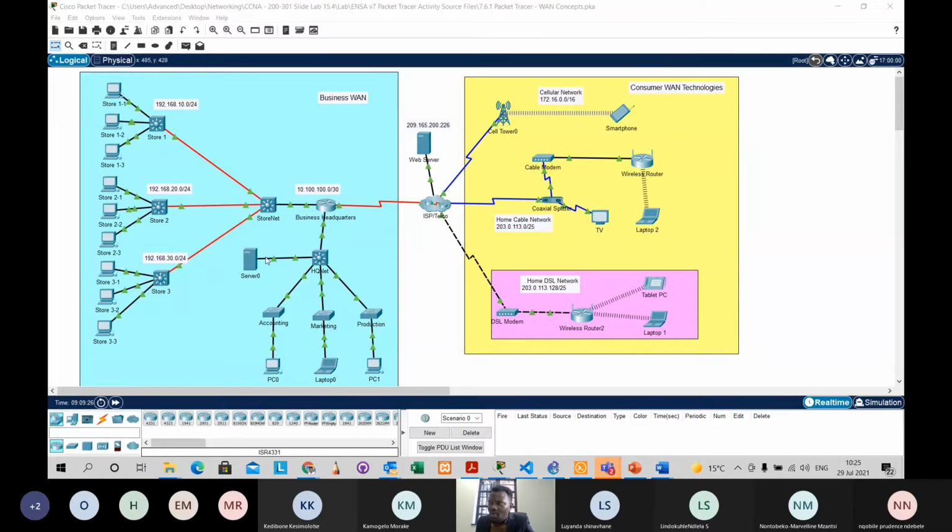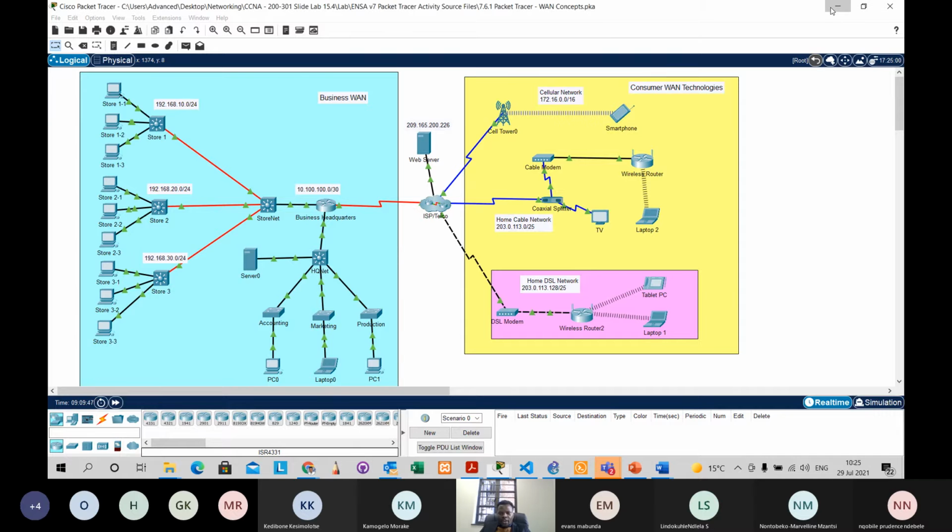If this server fails, we need another server to take over so that the company can continue with production. We call that fault tolerance. Your network is fault tolerant if something goes wrong with one server and we can rely on a second server, a second machine.